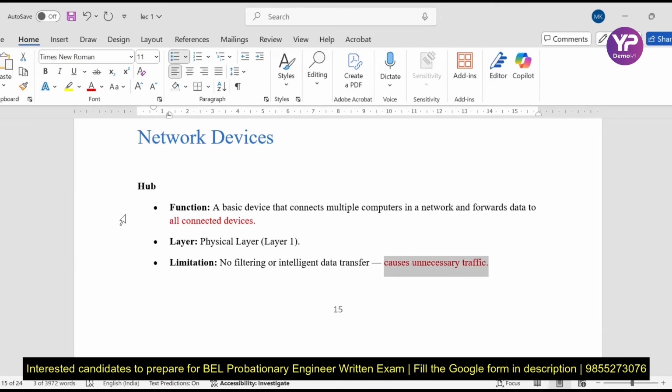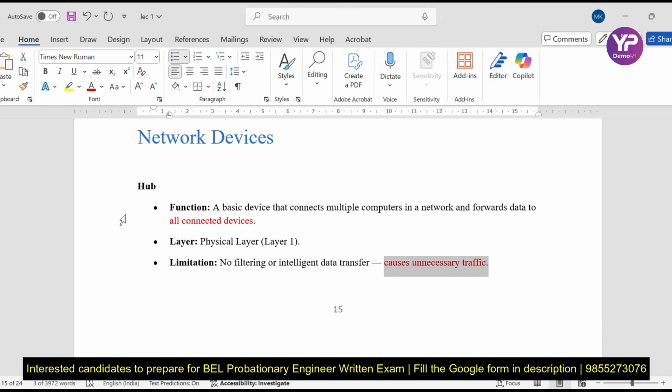So now, which device connects multiple computers in a network? Keep in mind, multiple computers in a network, but sends data to all the connected devices. Can I say hub? Yes, sir. Directly forwards the data to all the remaining systems. So hub is the right answer.